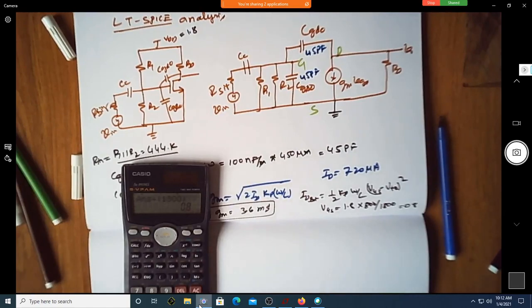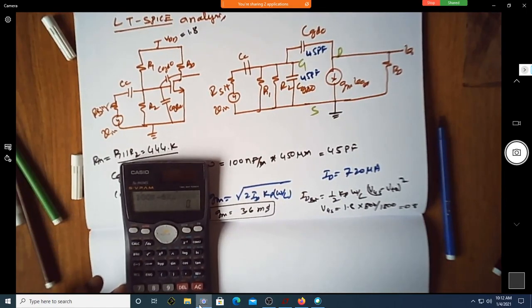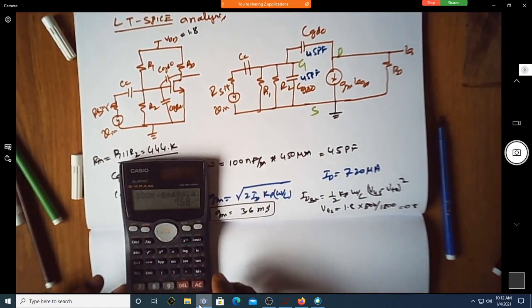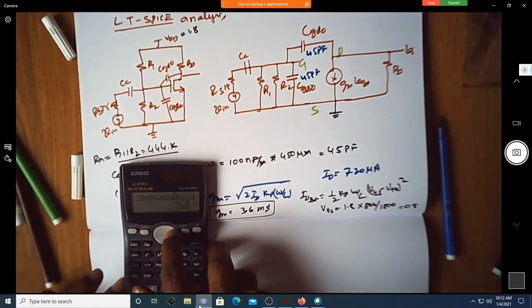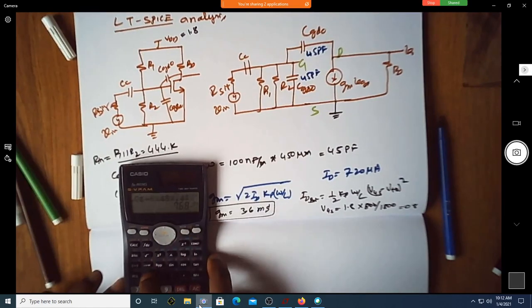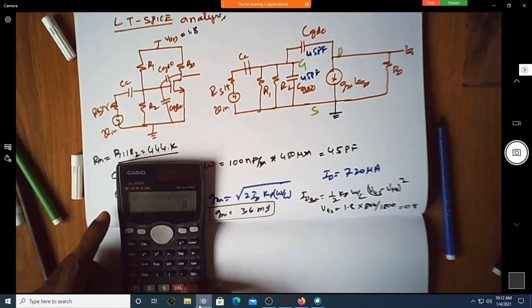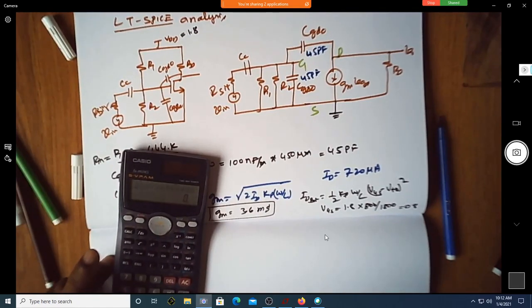VTH is 0.4. Some of you can verify what is the value of ID. It will be 100 exponential minus 6 into 45 into 0.4 whole square. Is that fine? What is the value of ID?